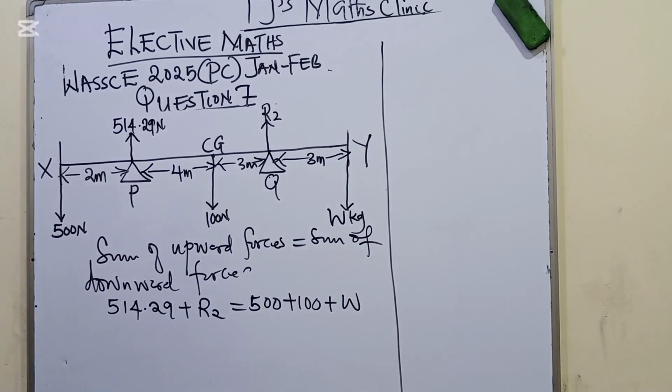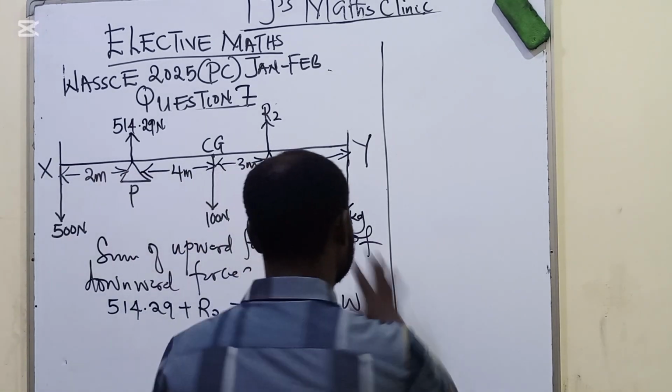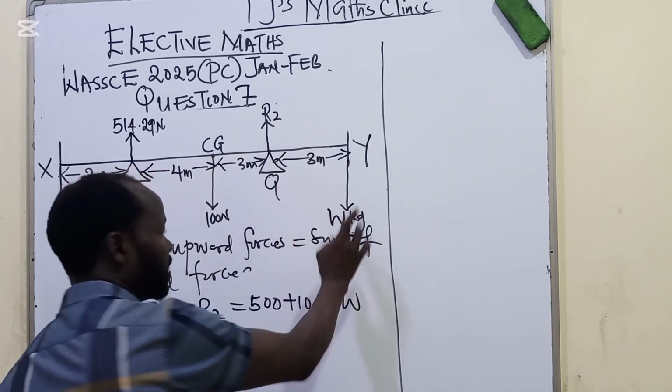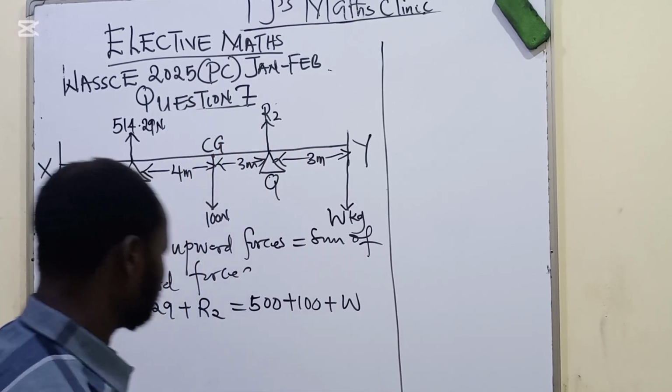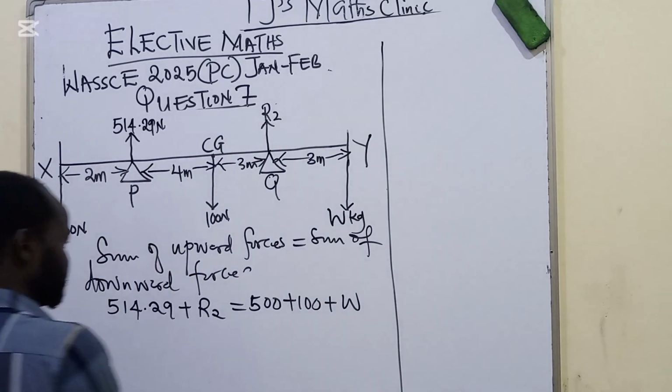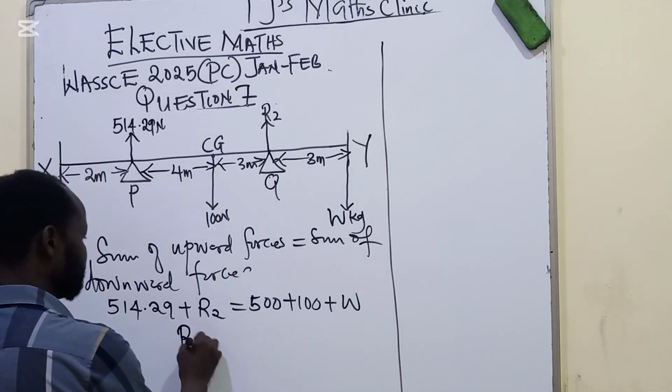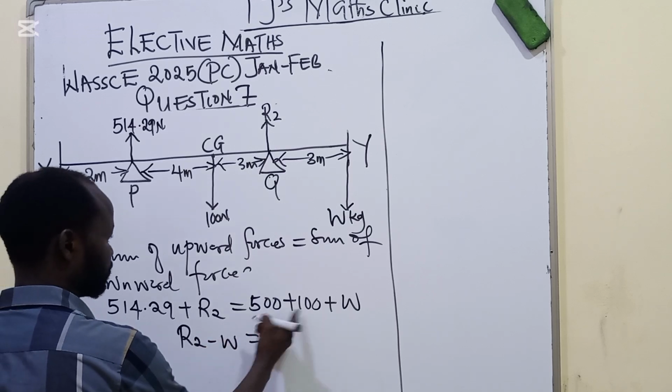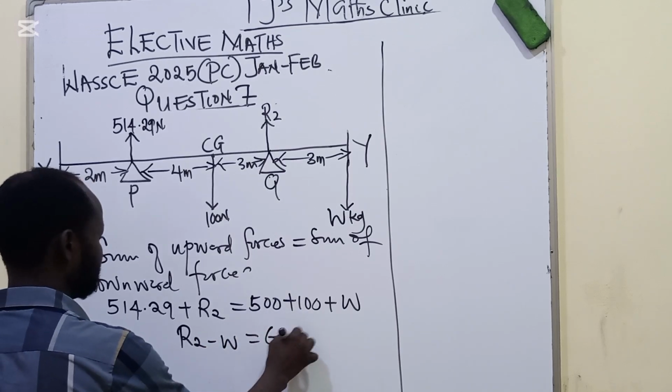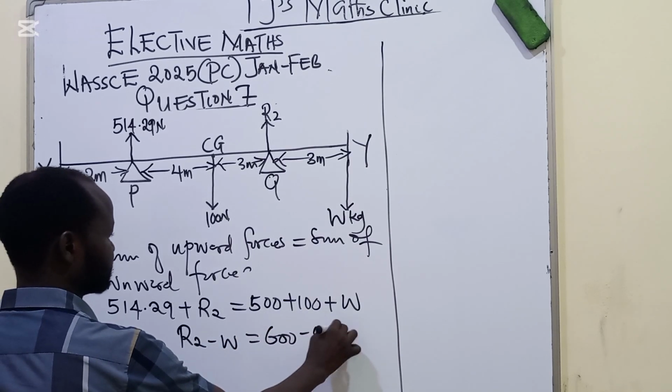This, of course, will lead to simultaneous equations because we are looking for two unknowns, R2 and the weight W. Let's rearrange this and add. We can say R2 minus W will be equal to, we add this, that is 600 minus 514.29.